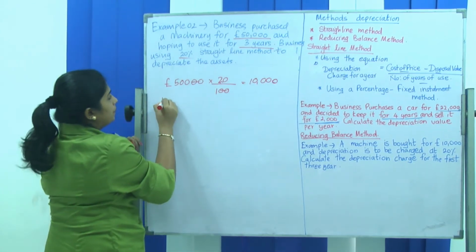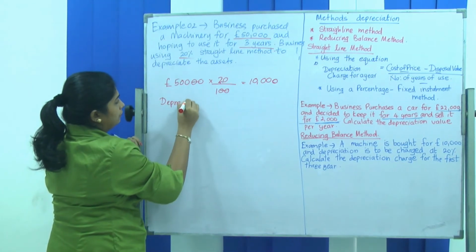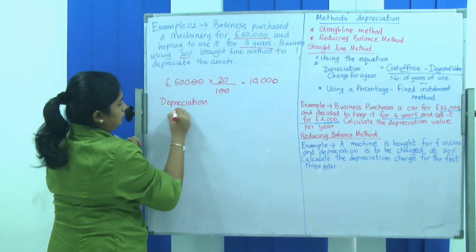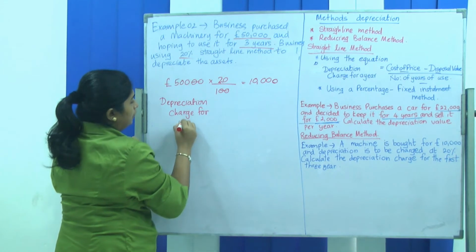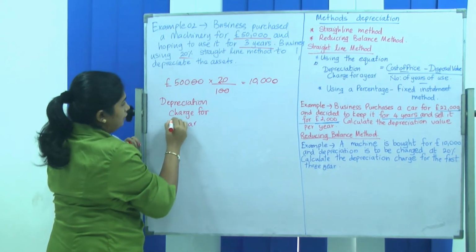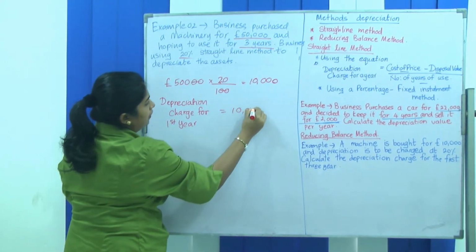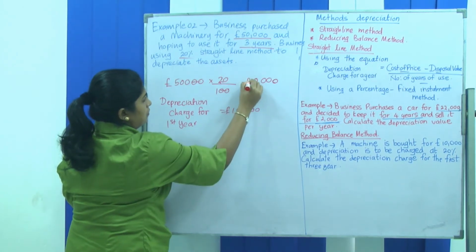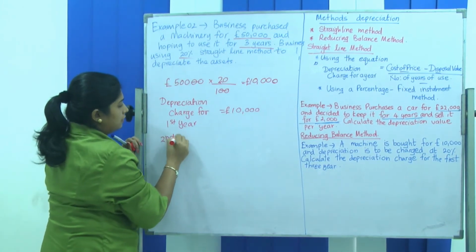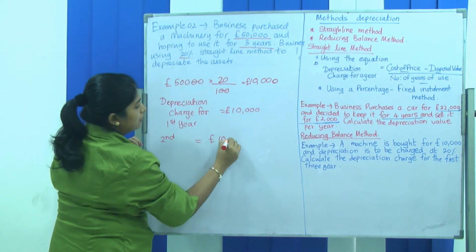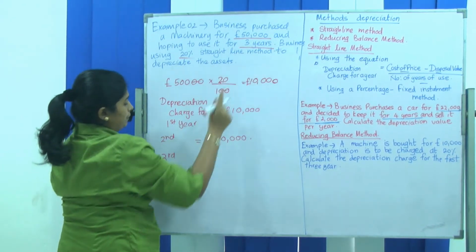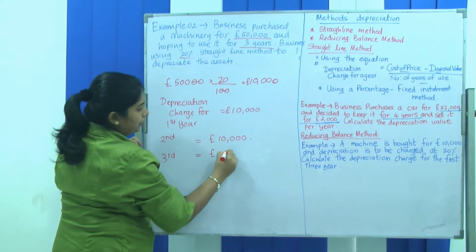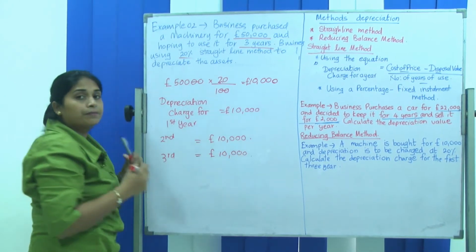That means the depreciation charge for the first year will be 10,000 pounds. Then the second year, still it will be 10,000 pounds. The third year, as they are hoping to use it for 3 years, even the third year 10,000 pounds.